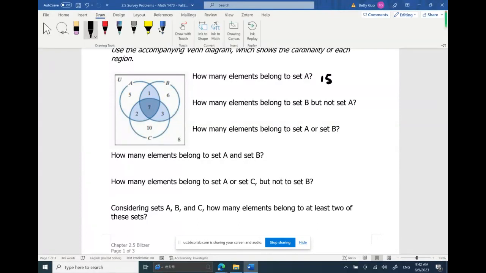Next part, how many elements belong to set B but not A? Let's find a region first.